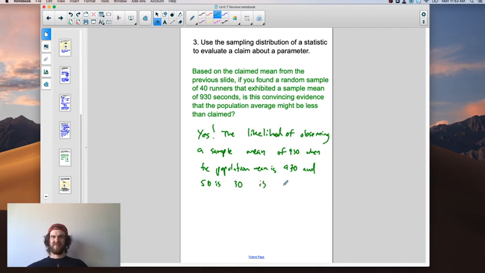The likelihood of observing that is very small by random chance, unless the population mean is something less. In that case, what we observed isn't as rare.